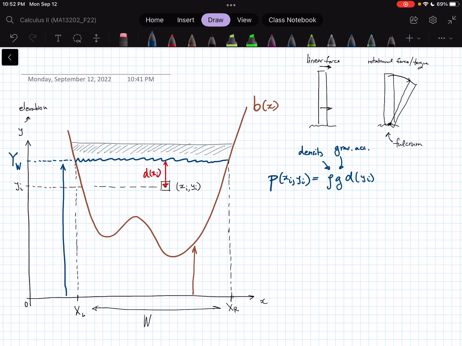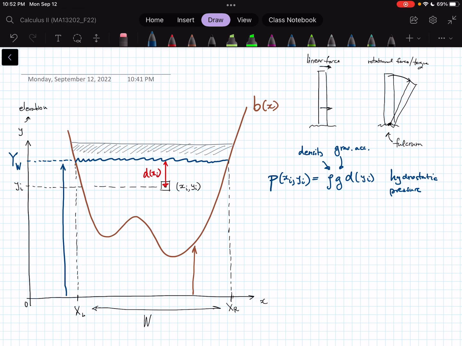Pressure, or the hydrostatic pressure here, is the force divided by the area on which it is acting. Vice versa, if we want to go from the pressure to calculating the force, we have to integrate the pressure over a certain area in order to add them all up and to obtain the force.